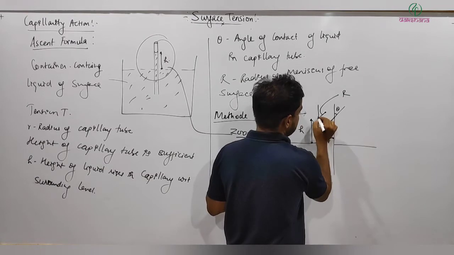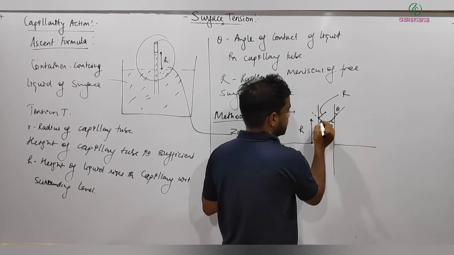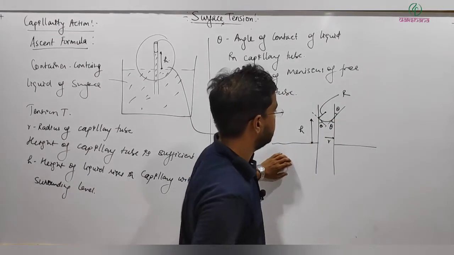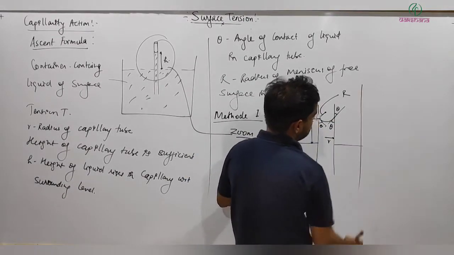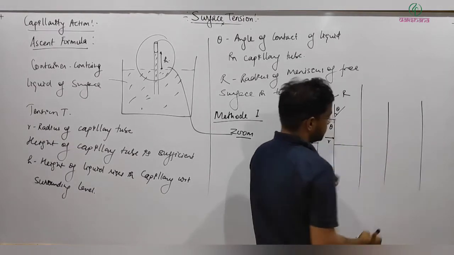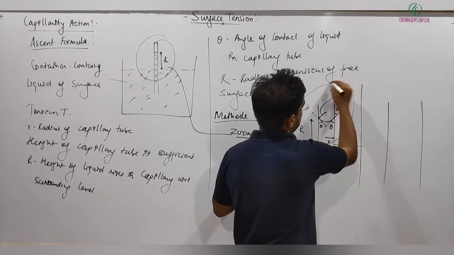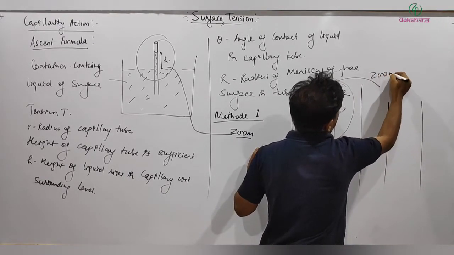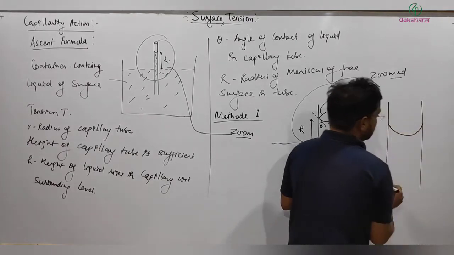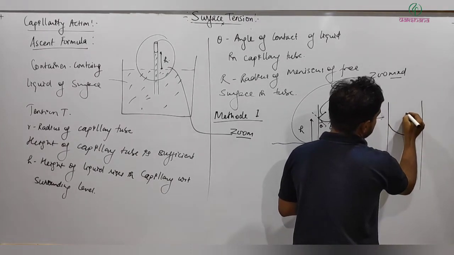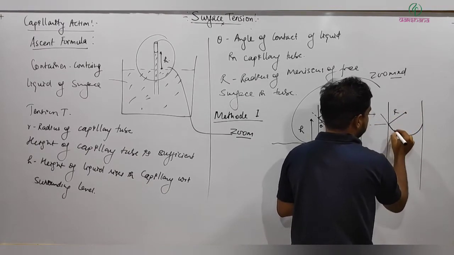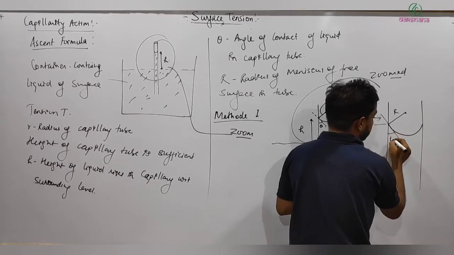So here this is theta, and this will also be angle theta. Let me draw the diagram a little bit bigger. Let's say this is the capillary, further zoomed, so this is the radius of curvature R, and here this will be angle theta.